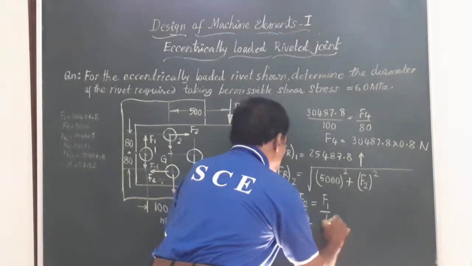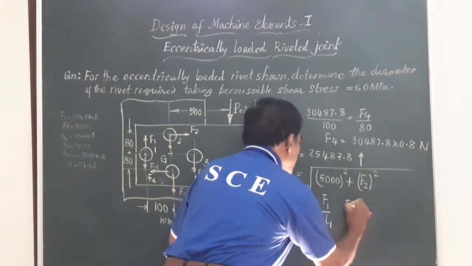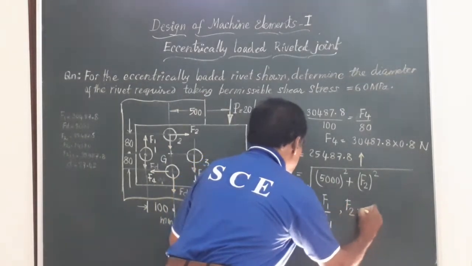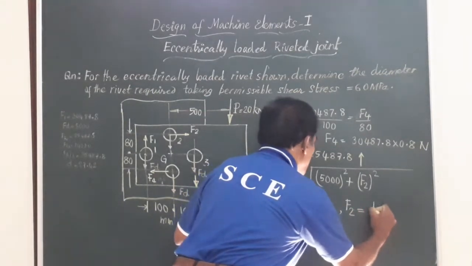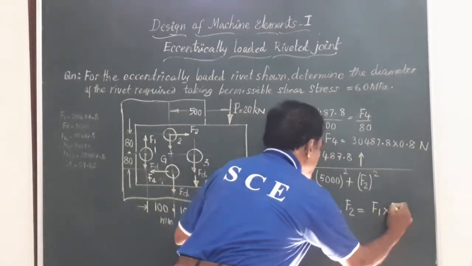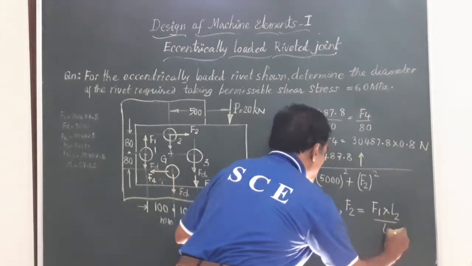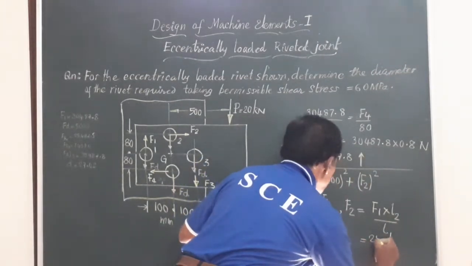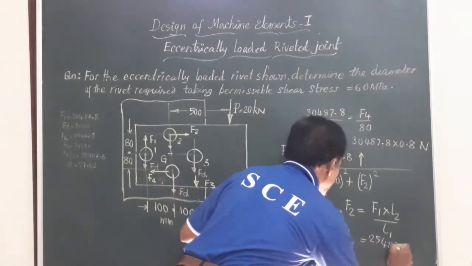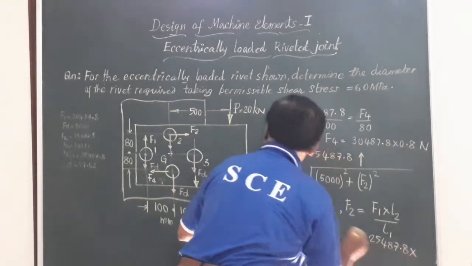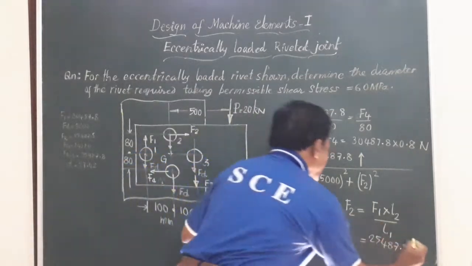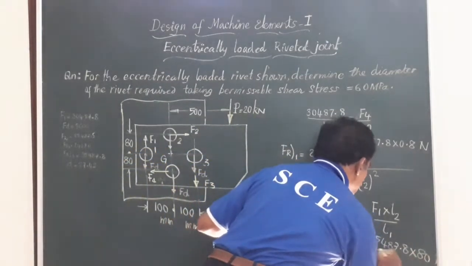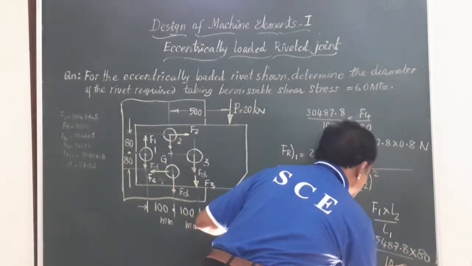Therefore, to find F2, its value will be F1 multiplied by L2 divided by L1. F1, the value is known to you, 25,487.8 into L2 value. L2 is 80 divided by L1 which is 100.